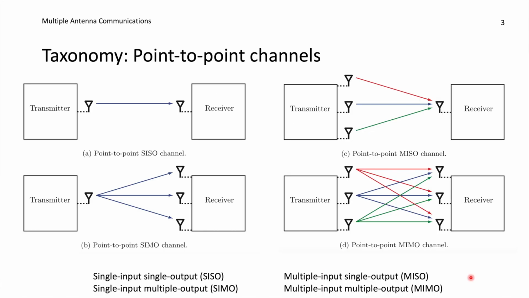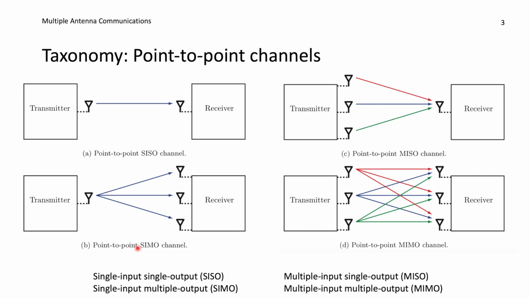In this and a number of following lectures, we will concentrate on point-to-point channels, where you have one transmitting device and one receiving device. And you can create a taxonomy of different point-to-point channels depending on how many antennas you have at the different devices. In the point-to-point SISO channel, standing for single input, single output, you have one antenna at the transmitter and one at the receiver.